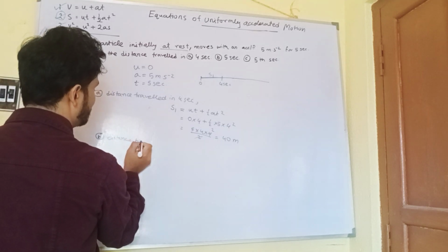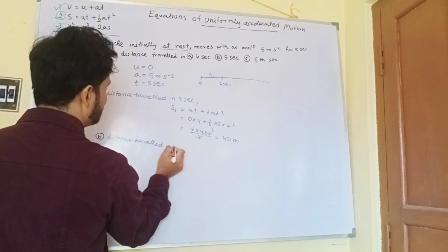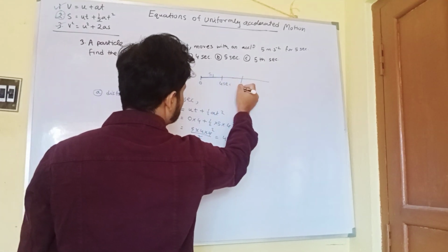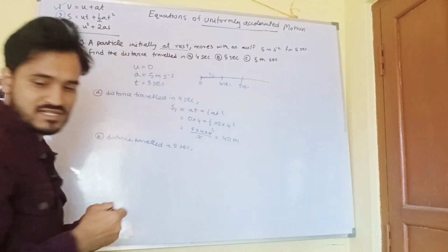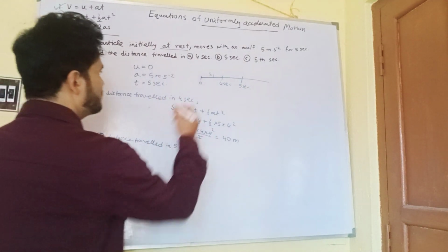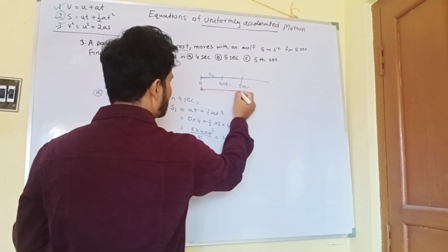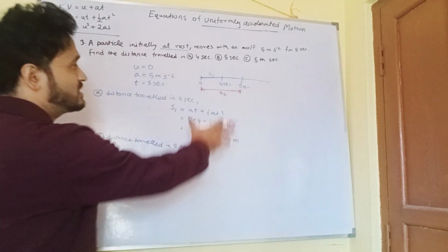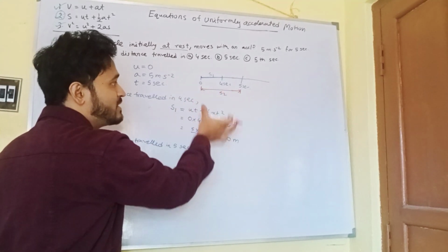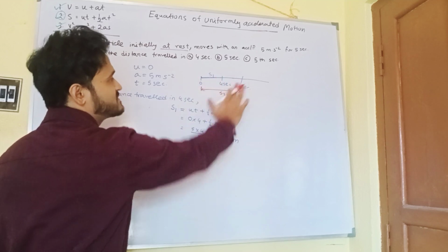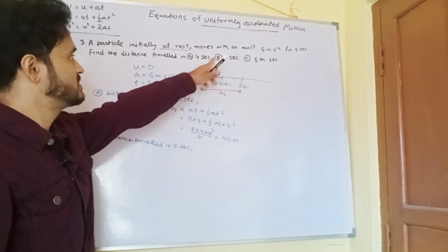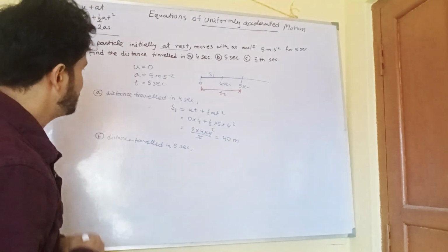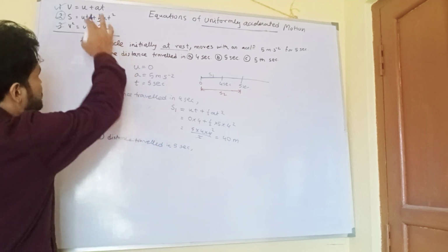B. Distance traveled in 5 seconds. Suppose in 5 seconds, what is the distance traveled by the particle? This total length we can take as S2. So what is the total distance traveled by the particle after 5 seconds? We have to put t equal to 5 in the equation.